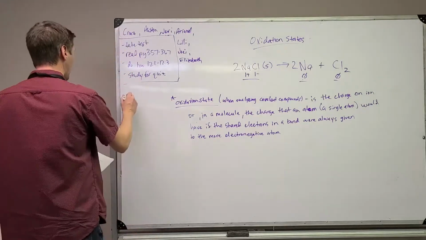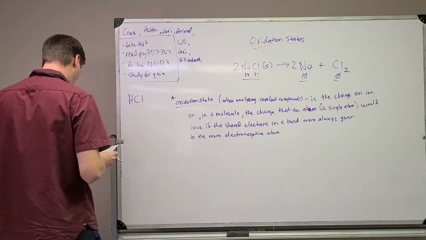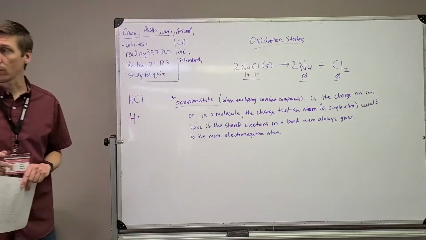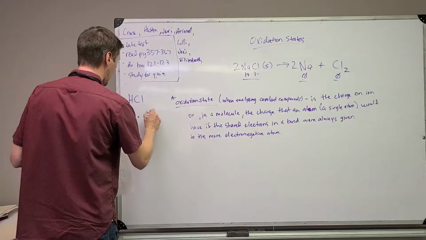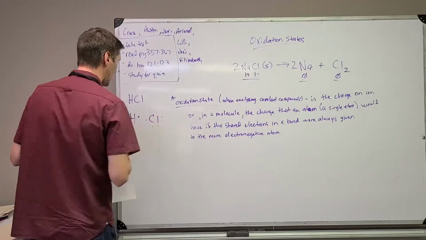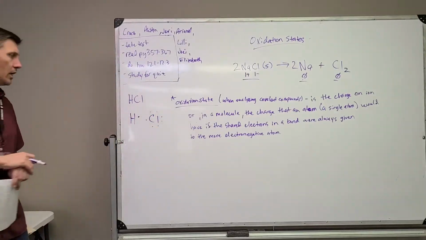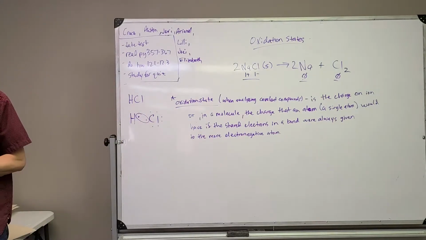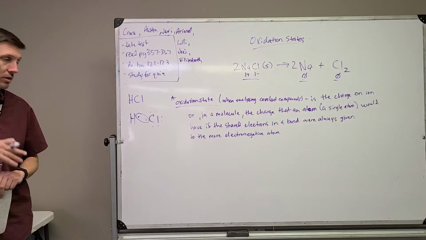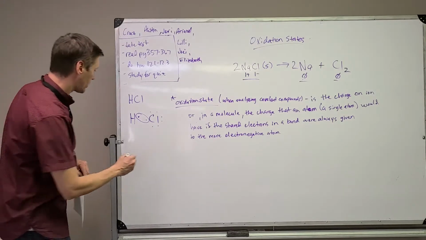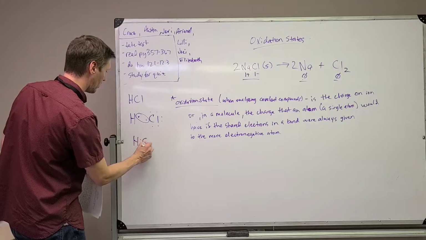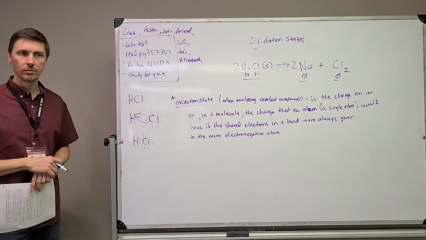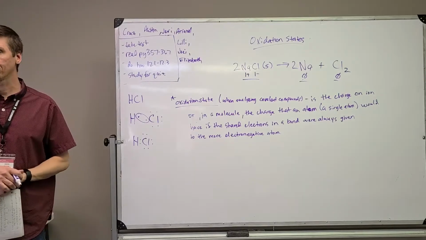So when you have a compound like HCl, which is a covalent compound, if you remember, H has one valence electron, and Cl, which is in column 7, has 7 valence electrons. And so these guys will share these electrons, so both of them will be ideal. If you remember back when we did Lewis structures. And so it looks like this, right, with a single pair of shared electrons there.